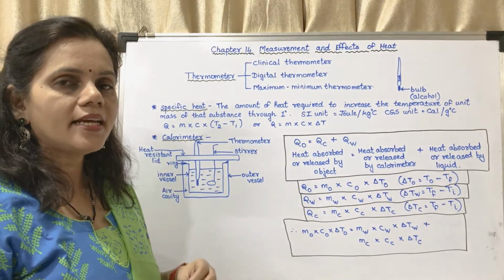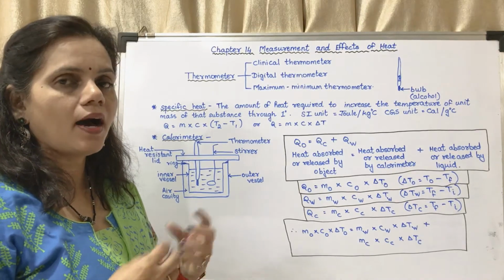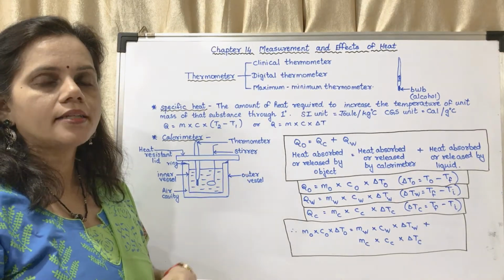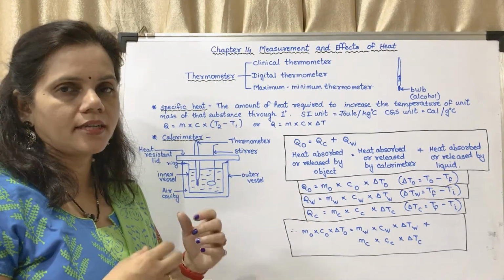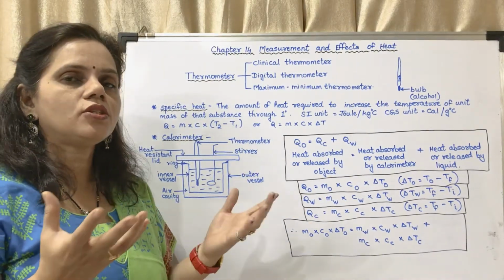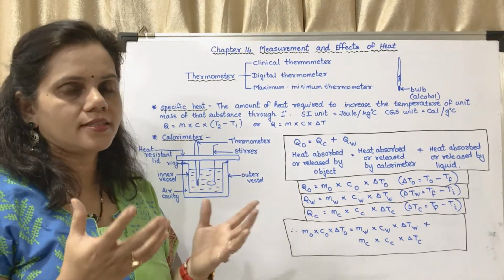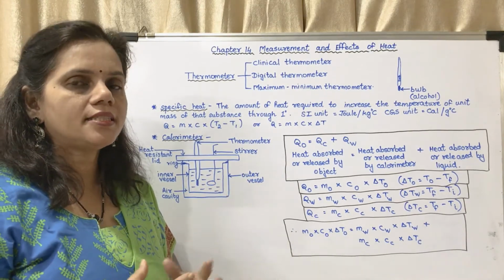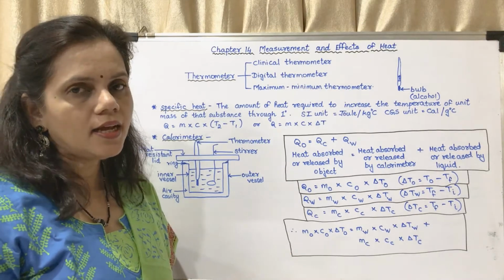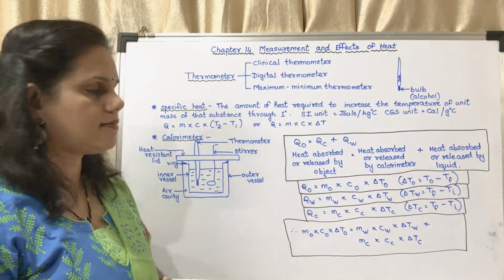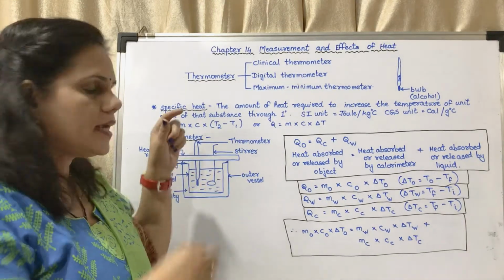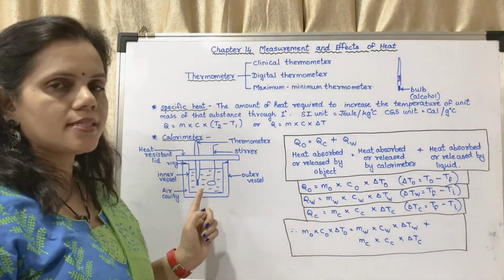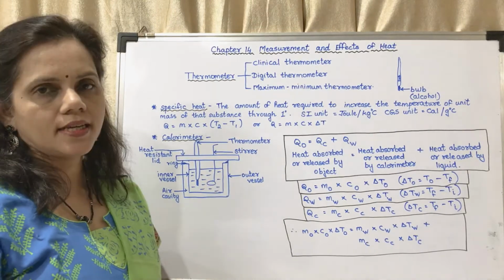That means the heat does not escape out of this vessel, and the outside heat does not affect the inside temperature. So there is no change in temperature due to the external environment. That is why it is double walled. Through the lid a thermometer is inserted, and a stirrer is inserted.